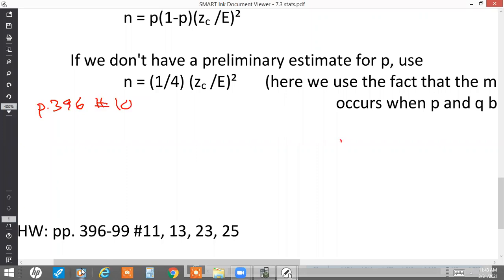So here's the given information. What is the minimal sample size needed for a 99% interval? So we want to be 99% confident. We have a maximal margin of error of 0.06.